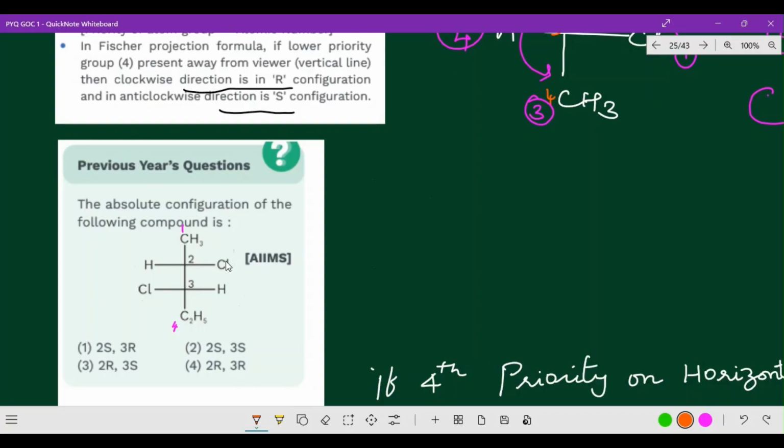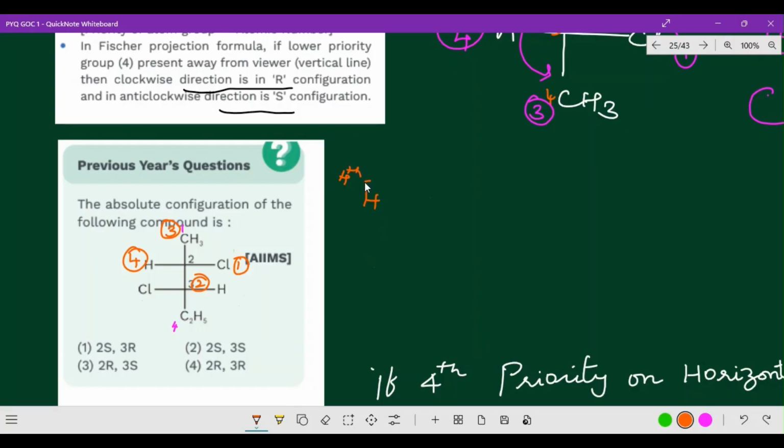Here higher priority goes to the chlorine atom group. So that is 1, CHCl is 2, here it is 3, and the last one is 4. The fourth priority group is on the horizontal line.